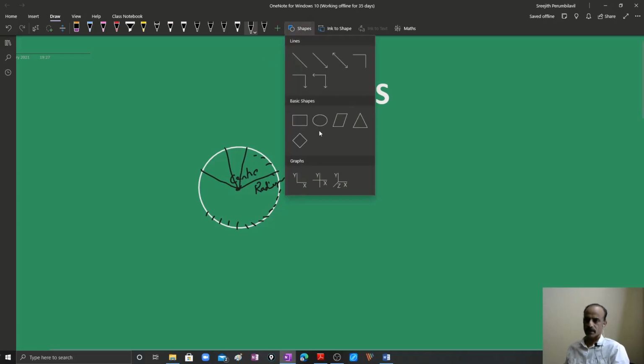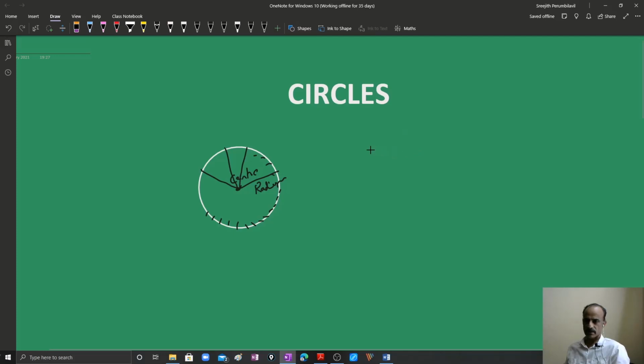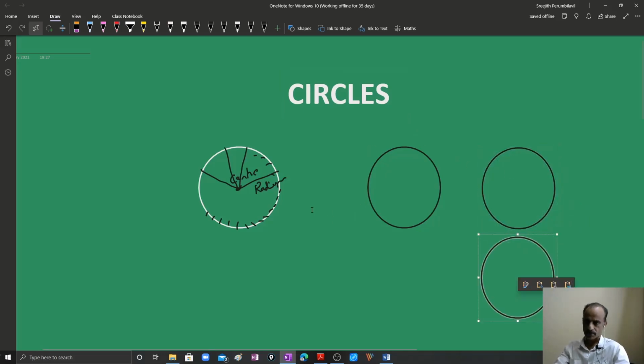Now, let us consider a circle and straight lines. I'll put 2 or 3 figures here. I've just drawn 3 circles, and I'm going to draw straight lines along with these circles.